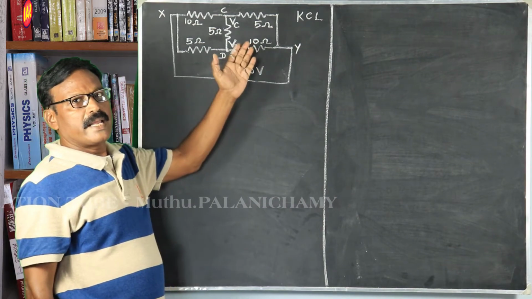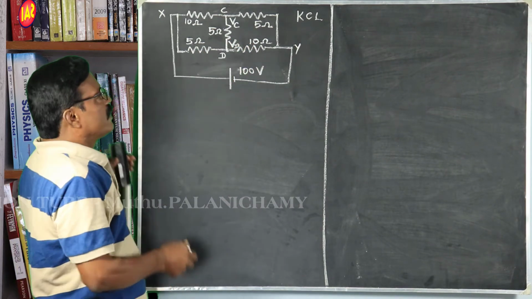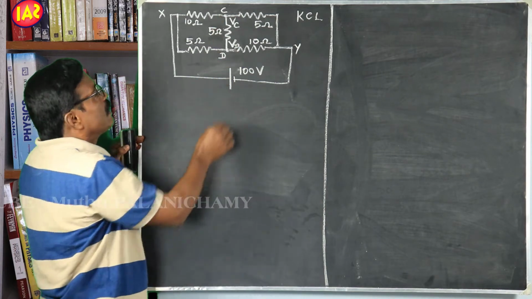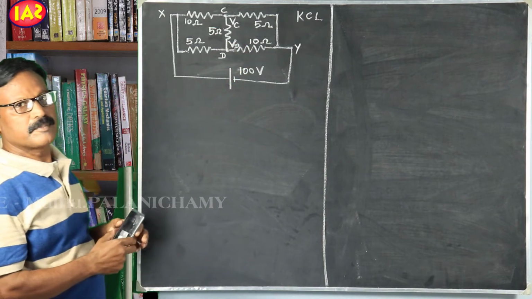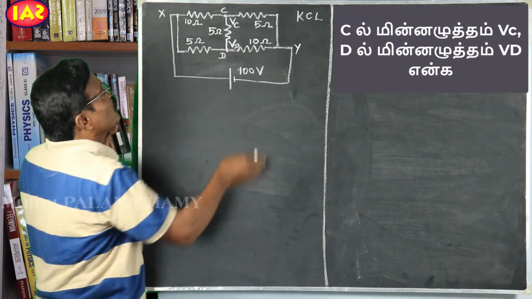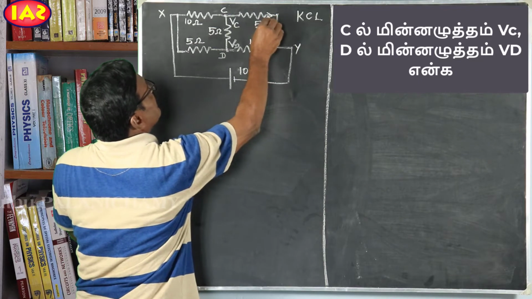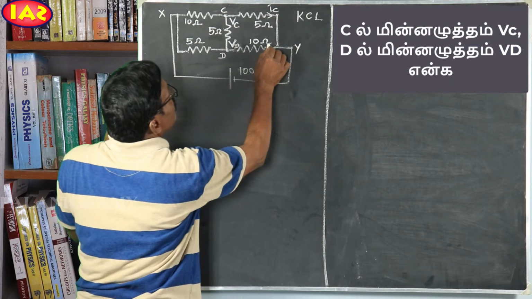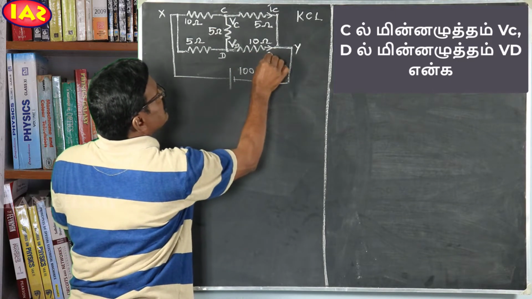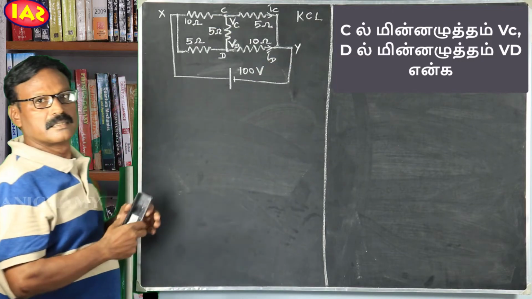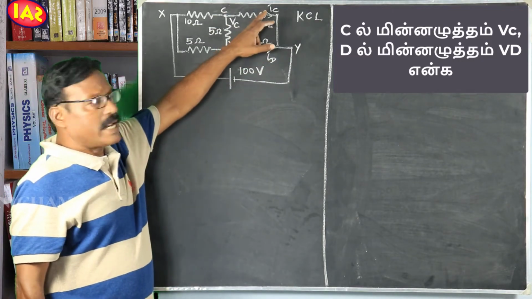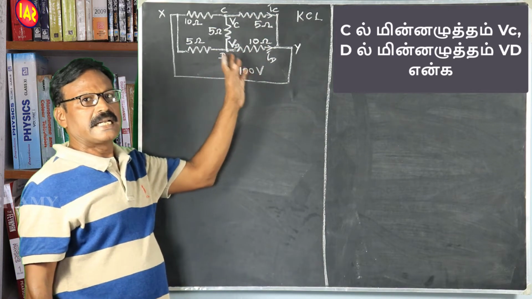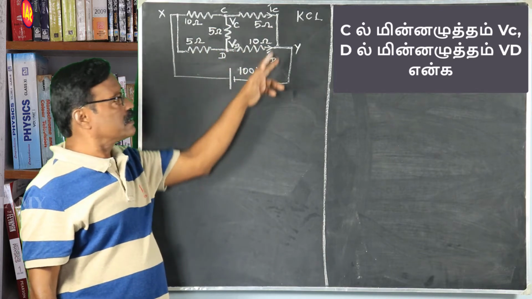So, by the method of nodal analysis, we are going to calculate the potential at C, potential at D, and the current here, let it be IC, and also the current through this 10 ohm resistance, let it be ID. By calculating these 2 currents, IC plus ID will give the net current or total current through the circuit.